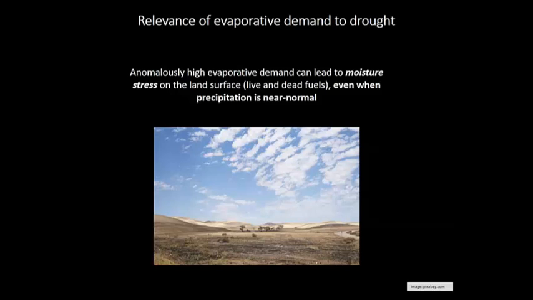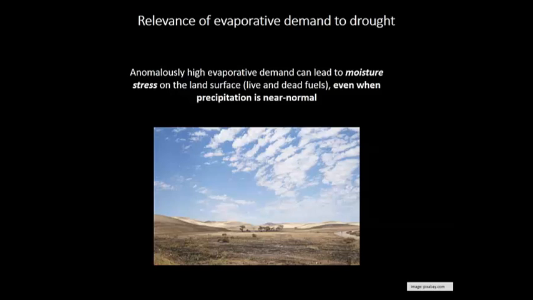And so then we started working on this evaporative demand. The simple way to put it is these are normalized anomalies. And so this is a map on the right showing a recent EDDI, a 1-month EDDI category.